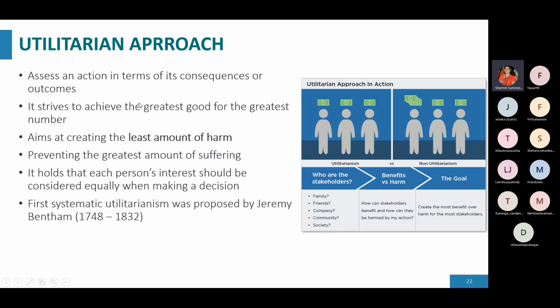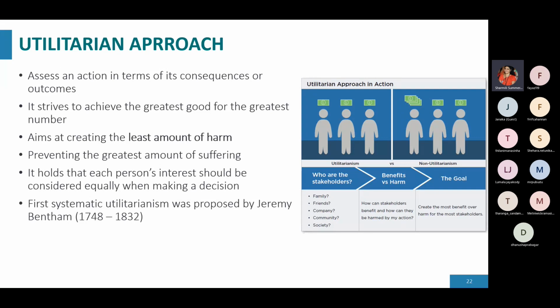The decisions that we make about ethical issues should, with the utilitarian approach, provide the greatest benefit to a large number of people.